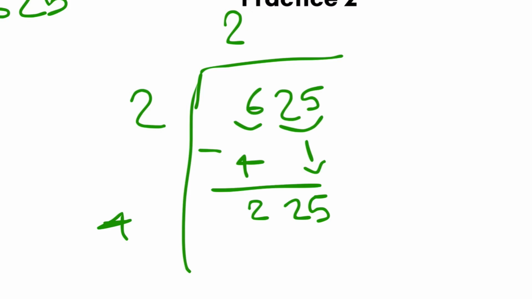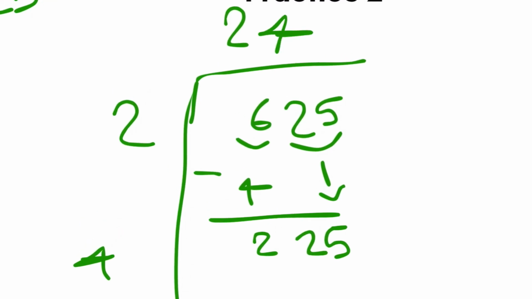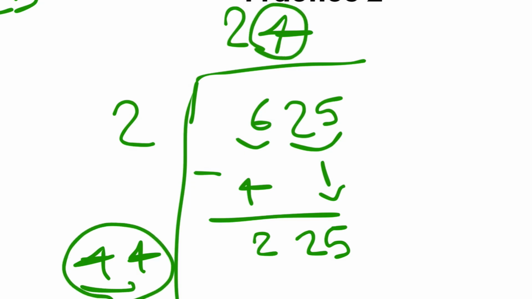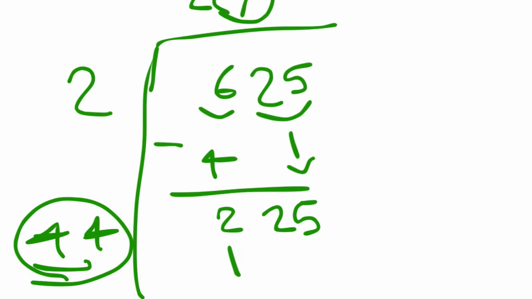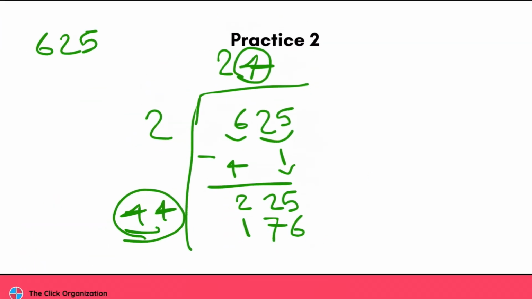So I will go with the number 4, for example. So writing 4 on top and on the right side of this number. Okay, so let's multiply them. 4 times 44 is going to be 176. Now that I see 176 is so small, I can definitely bring this up one level.